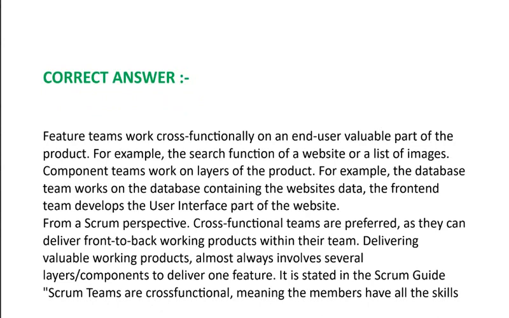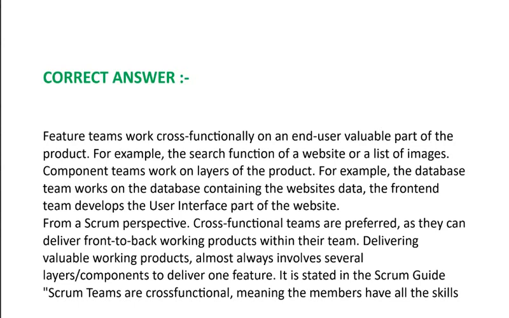For example, the search function of a website or a list of images. Component teams work on a layer of the product. For example, the database team works on the database containing the website data. The front-end team develops the user interface part of the website.